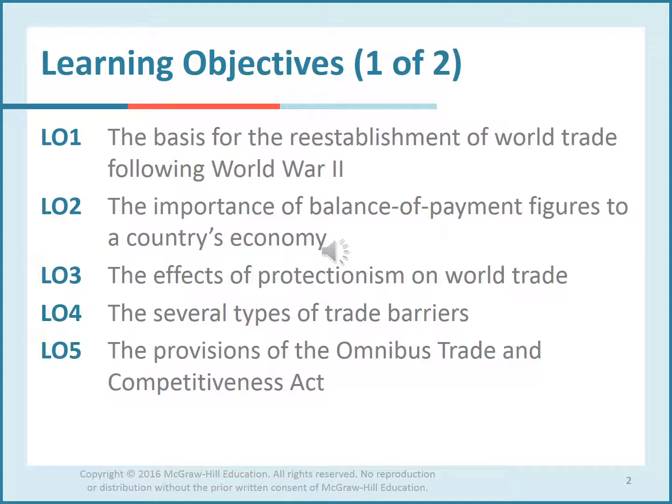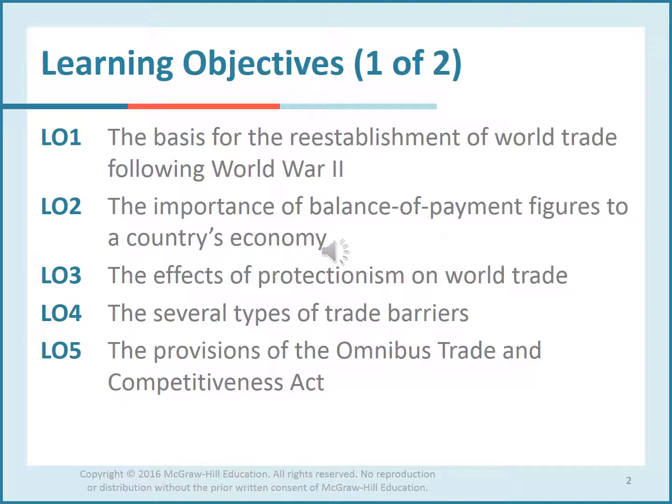So here again, when we think about the learning objectives, we're going to start off by looking at world trade following World War II. World War II brought about a number of different kinds of government changes and world changes, and one of those certainly was the way that we do business. We'll look at balance of payment figures for different countries' economies.